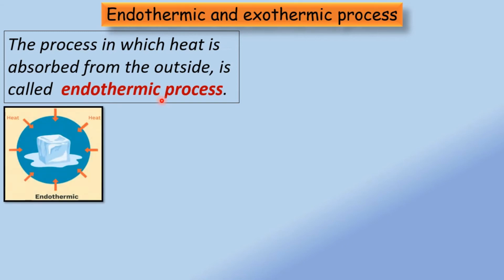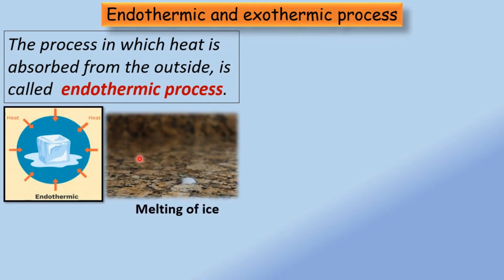For example, melting of ice. We all know that when ice is kept open in the surrounding, it absorbs heat from the surrounding and it starts melting. So such processes are called as endothermic process in which heat is absorbed from outside.